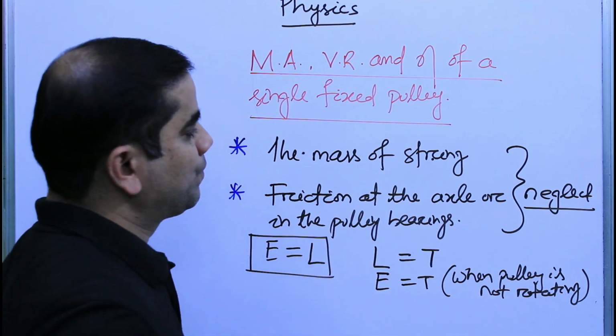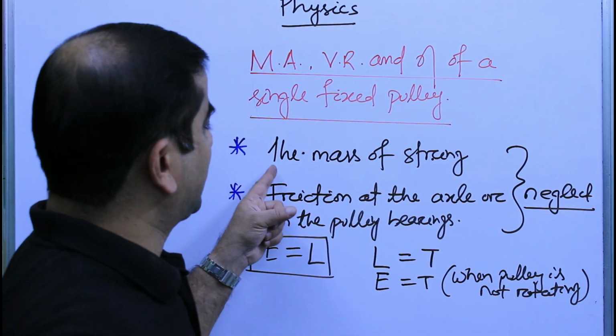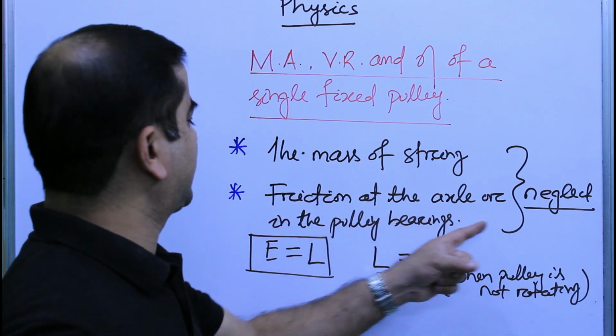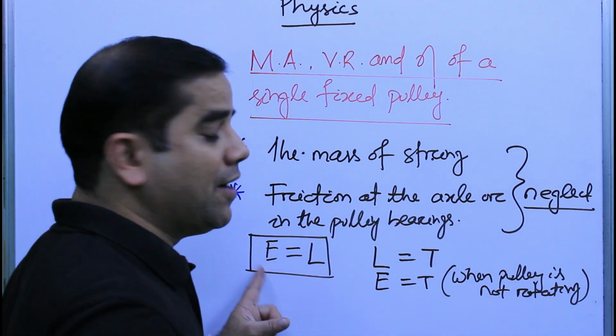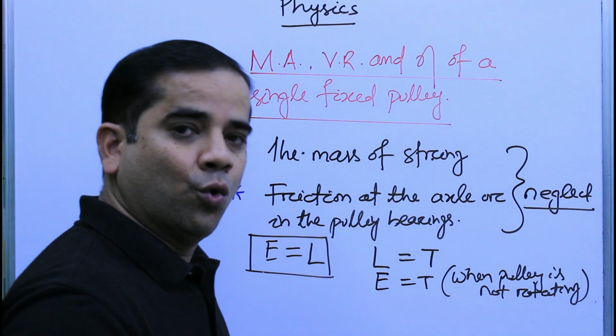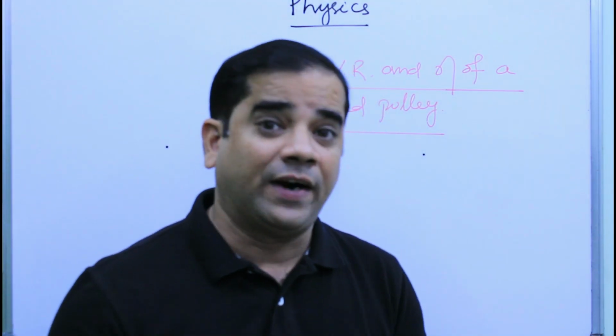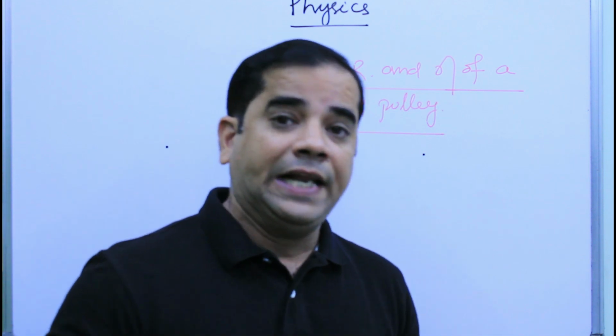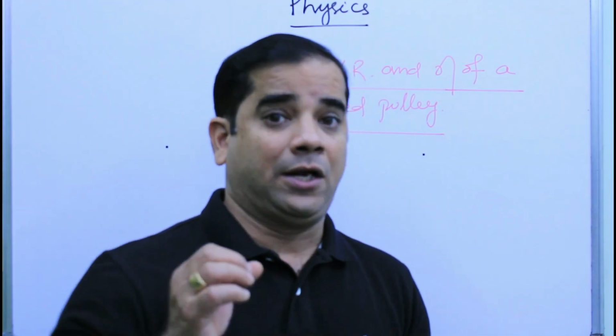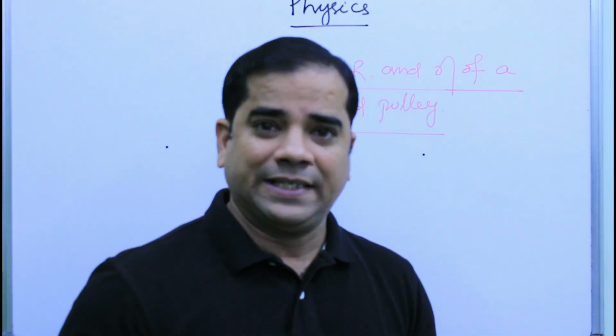So if we neglect the mass of string and friction at the axle or in the pulley bearings, then effort will be equal to load. So in case of a single fixed pulley, the effort required to lift a load would be equal to the load itself, isn't it?